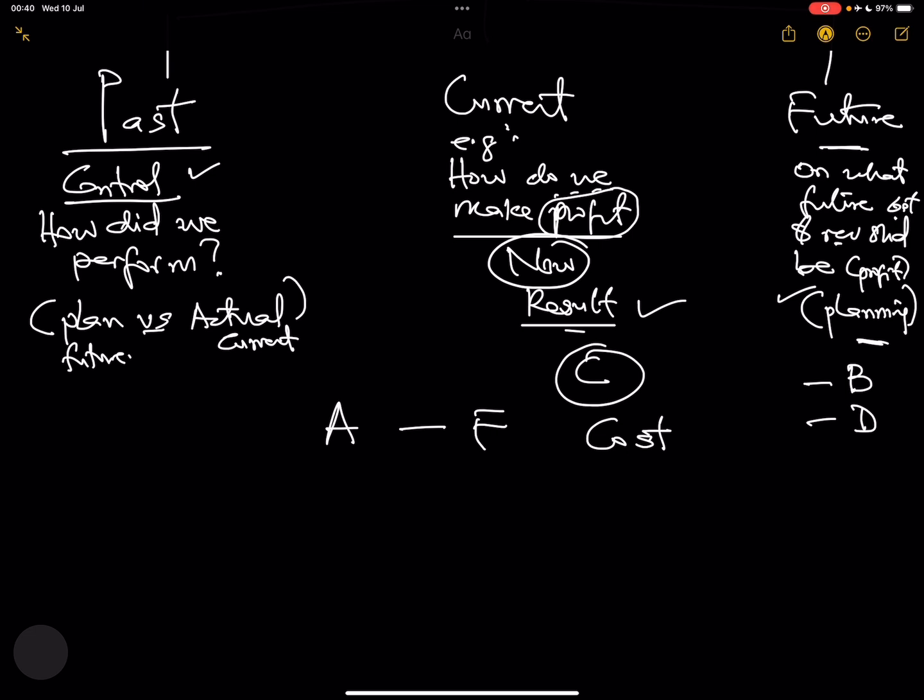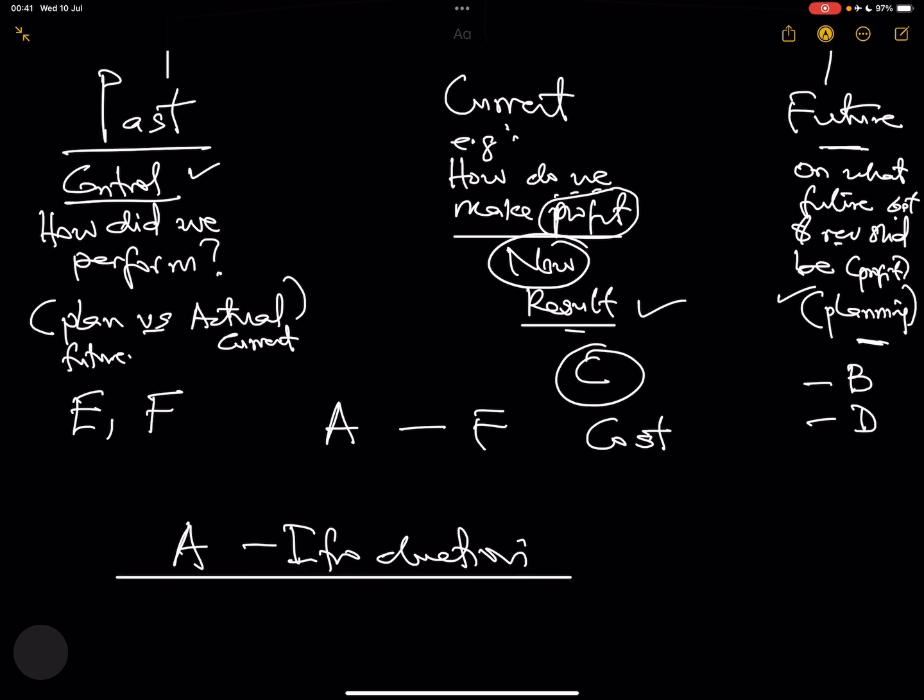And for the past, which is about control, we'll be looking at section A and section F. So you see, section A is just the introduction, which explains basic terminologies to you and explains part of the things I'm already talking about in this summary. So this is just an introduction, which I'm going to go through with you.